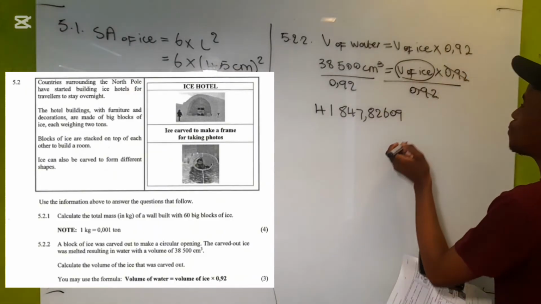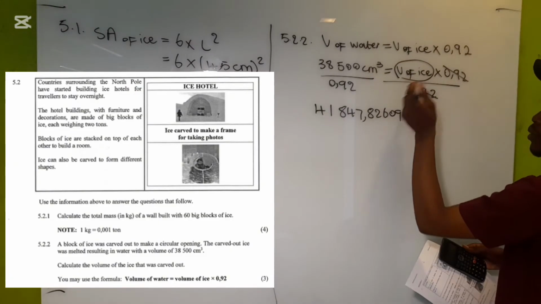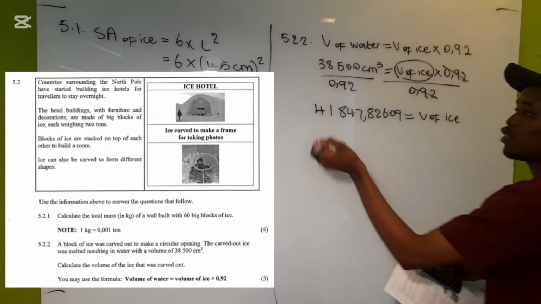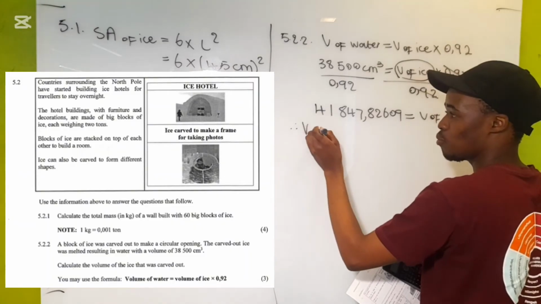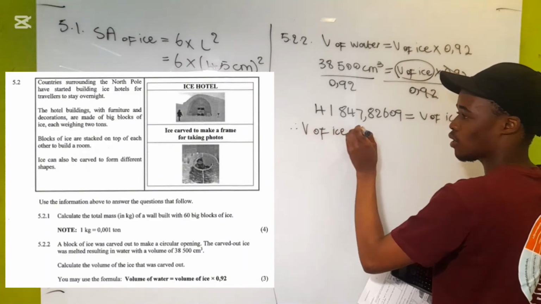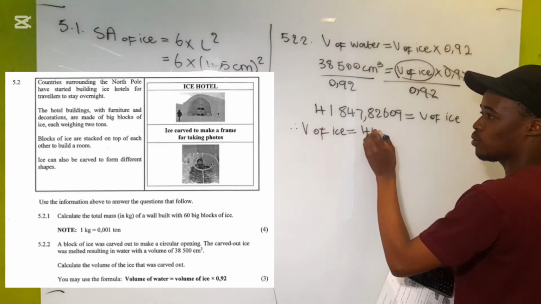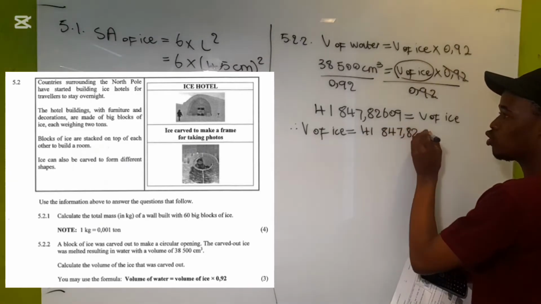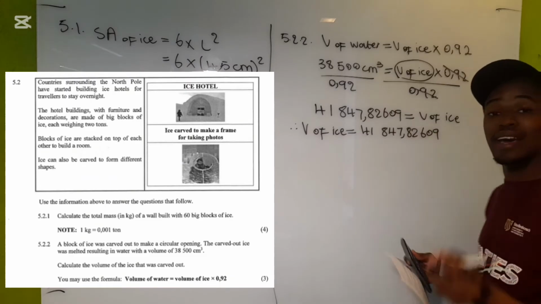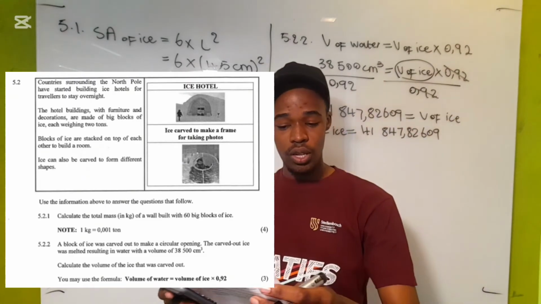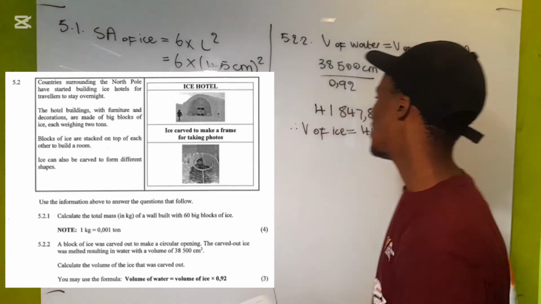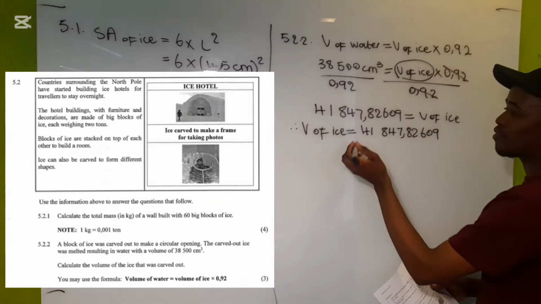Equals, on this side we're only left with volume of ice. So this means that volume of ice equals 41,847.82609. The question was asking us to calculate the volume of the ice that was carved out, and this means that this is our final answer.